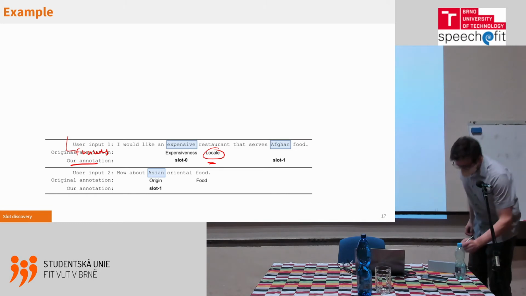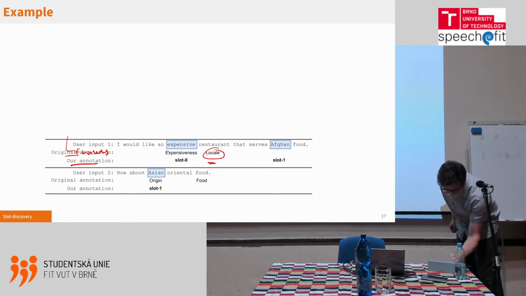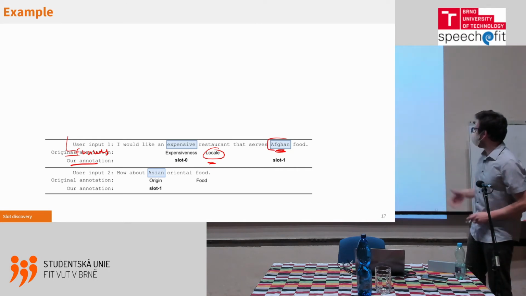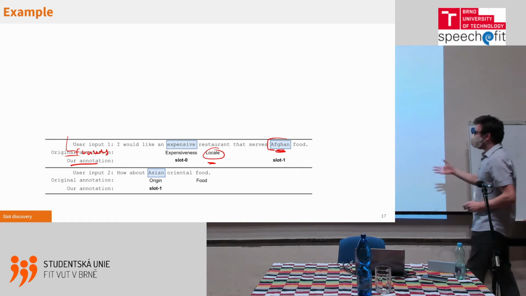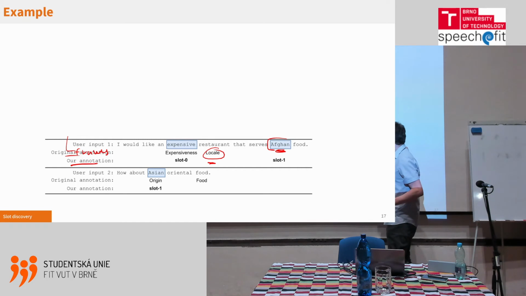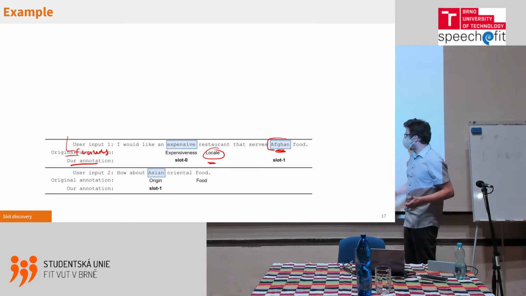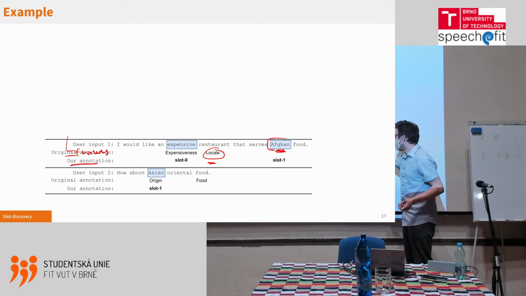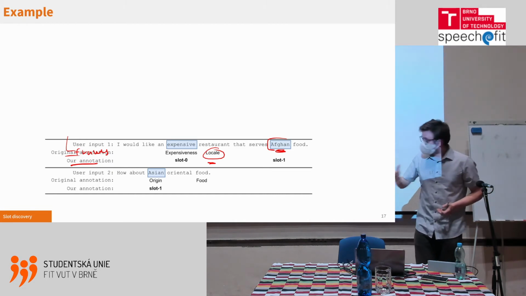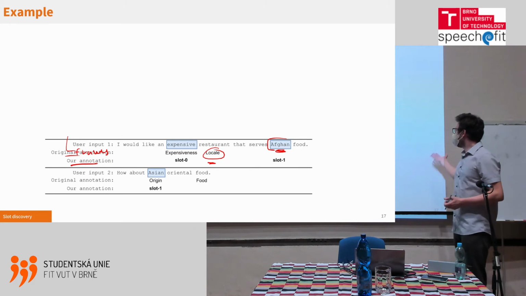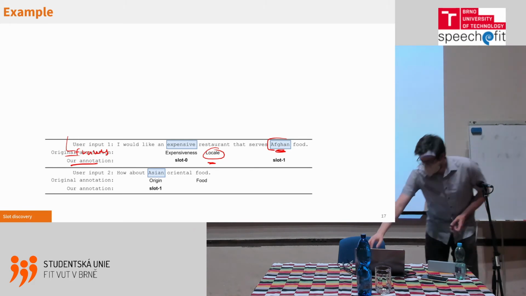But for example, here for this word, this is important because it's a type of cuisine. But the frames parser wasn't able to find this label, or I don't know why it didn't assign it here, but our tagger did. So here we found that we were actually able to do better than the original labels.